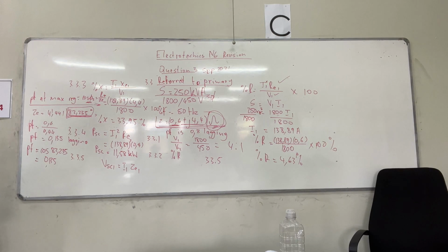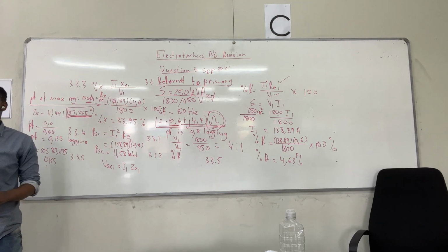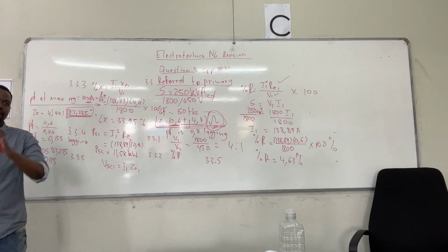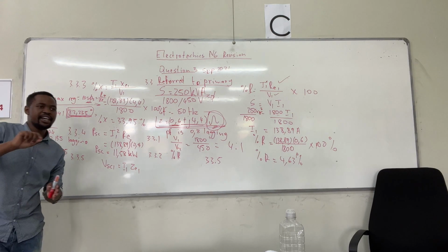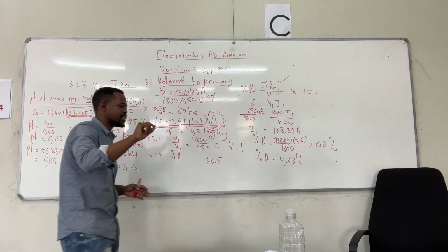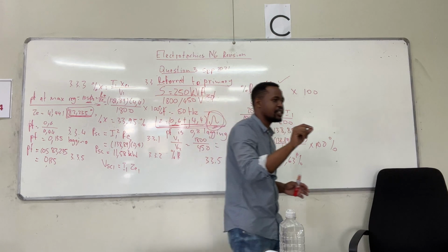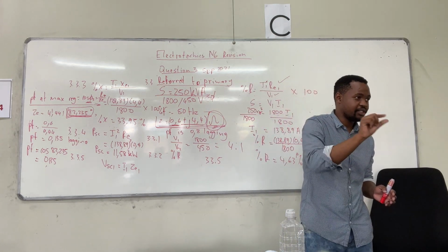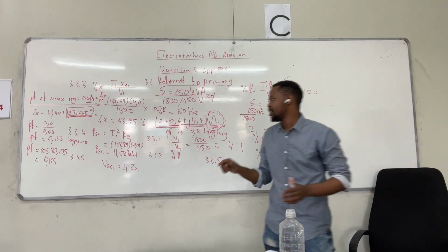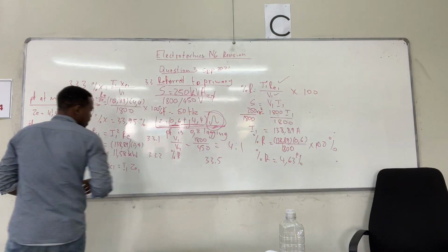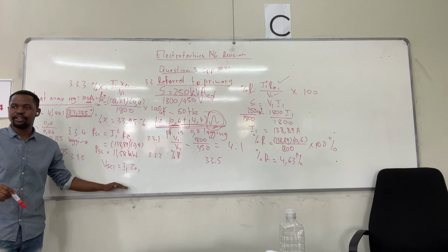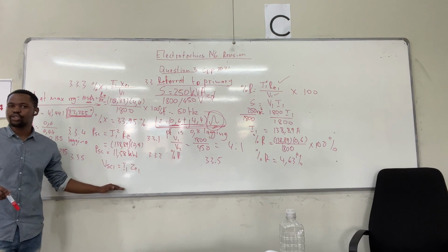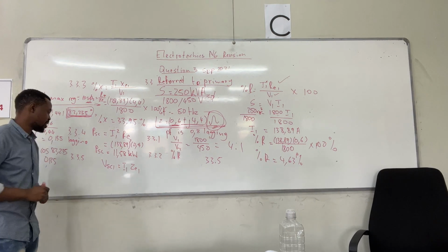For us to circulate a full load current, we connect a short circuit in the secondary side, then gradually increase the applied voltage until we get full load current. You remember yesterday. So that is why I'm using a short circuit test to find the applied voltage to circulate full load current.